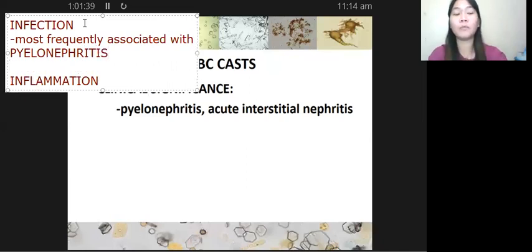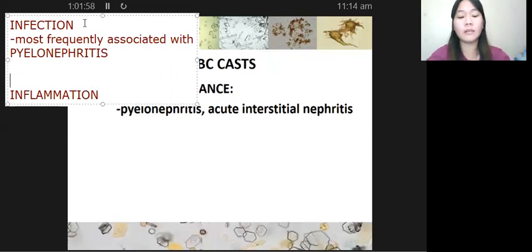So again, pag sinabi nating pyelonephritis, this is an infection that involves your kidneys. Urinary tract infection po siya involving now your kidneys. Sige, punta tayo sa mga urinary tract infections ha.